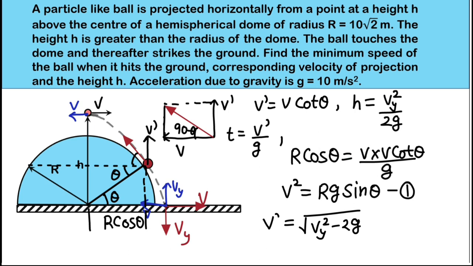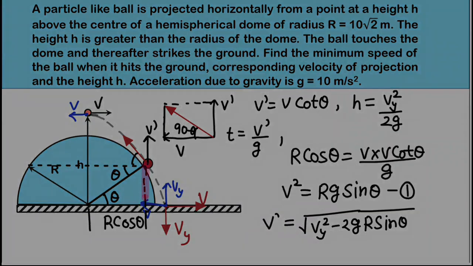So the height during that particular time is this much, and that will be equal to height of this right angle triangle, that is going to be r into sine theta. So 2g r sine theta, right? But still there is this Vy part that is left, right? So what can we do more?